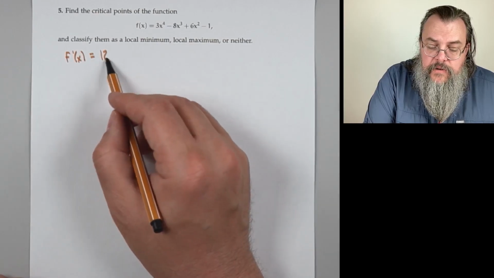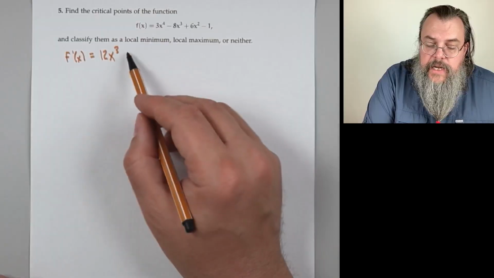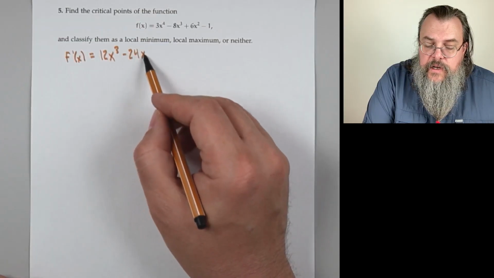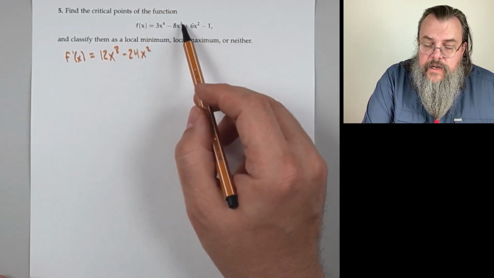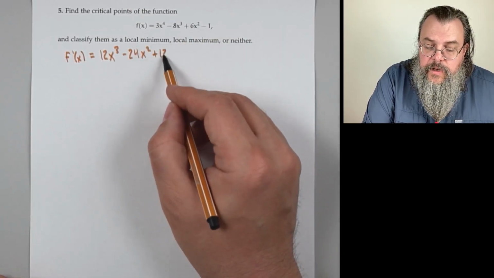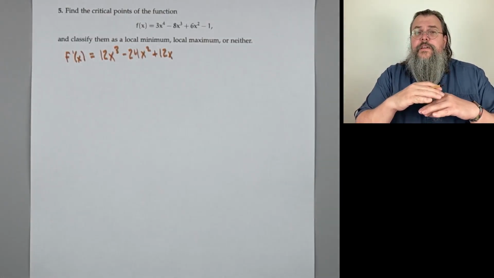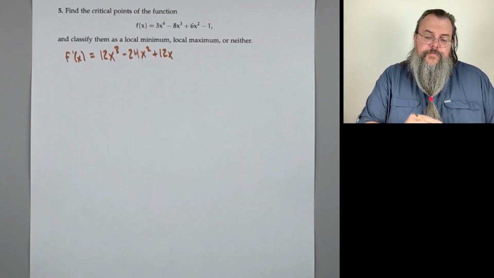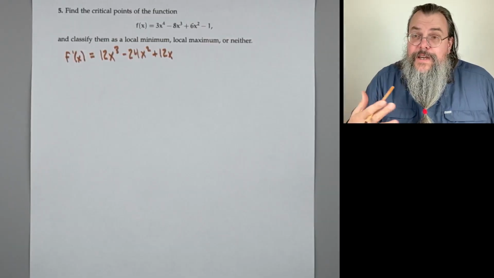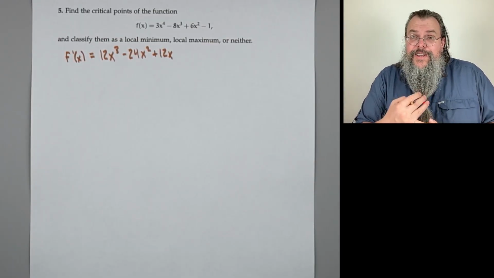That would be 12x cubed, 4 comes down, minus 24x squared, right? The 3 comes down, becomes a 2, and plus 12x to the 1, and the derivative of minus 1 is 0.